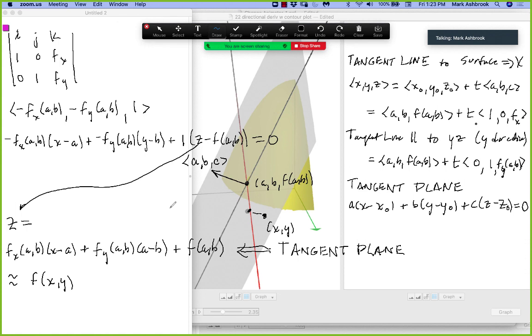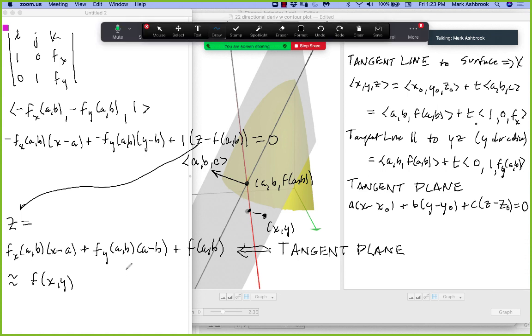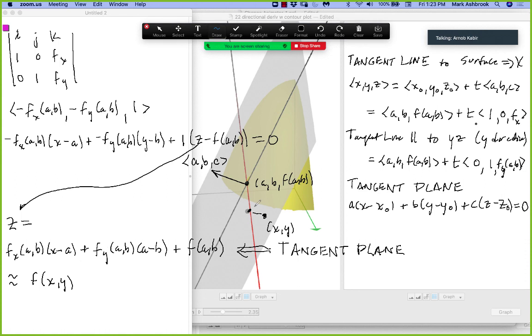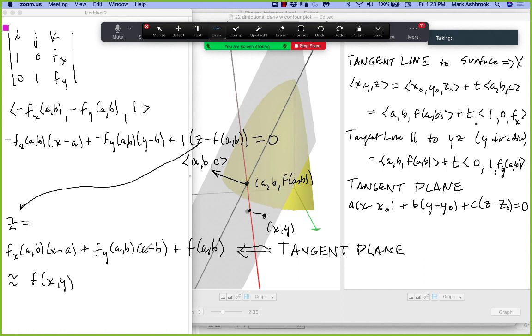And what do we say about this using the differential? The differential is based on a constant rate of change using our partial derivatives. We get a linear approximation because the partial derivatives are a linear phenomenon. And should the equation be fy(a,b) times (y minus b), not a? Yeah, that should be y. Yep.